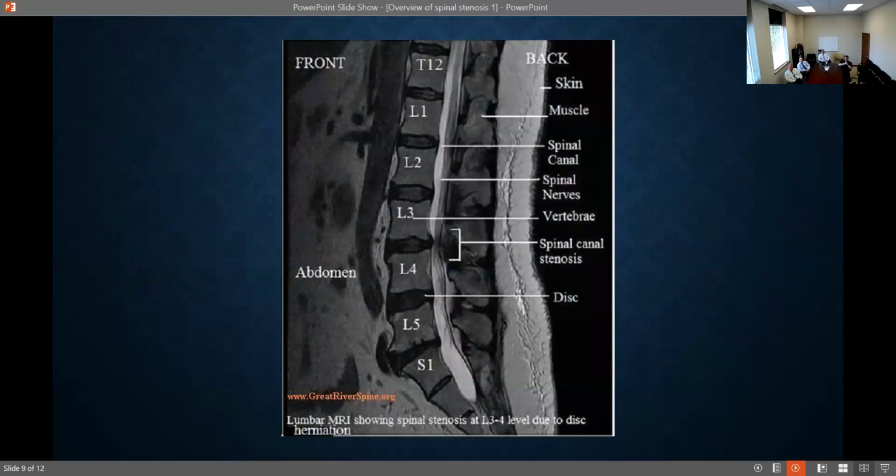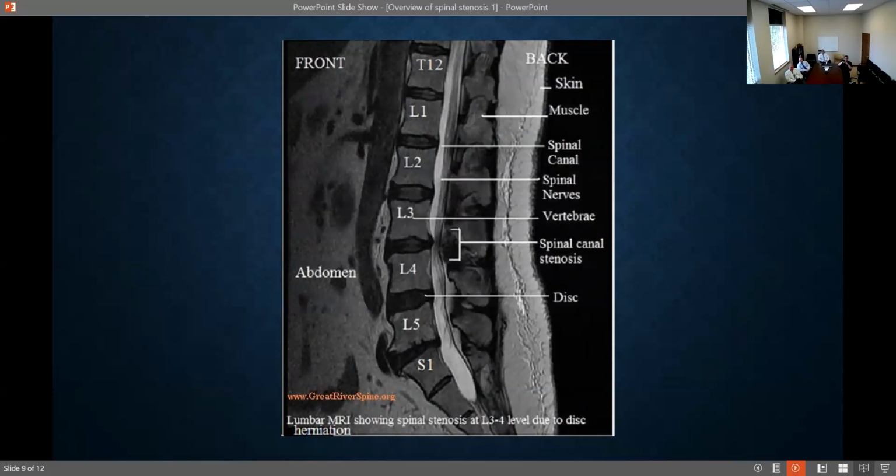This is what it looks like in an MRI. You see there at the L3-4 interspace a bulging disc. You see exuberant facet joints. If you look through the markers, you can see that the posterior aspect of the spinal canal, where the CSF is, looks like a scalloped edge.